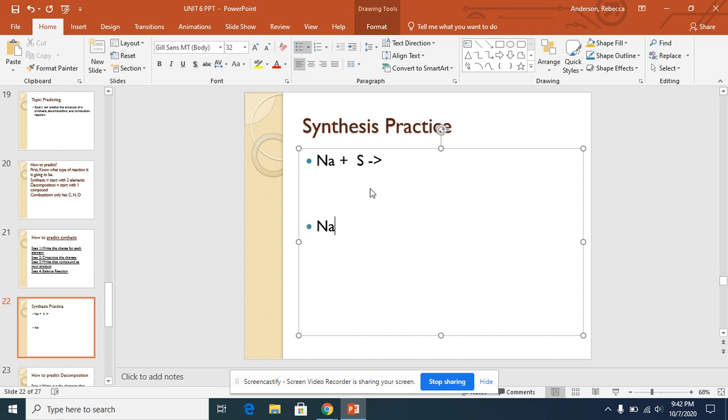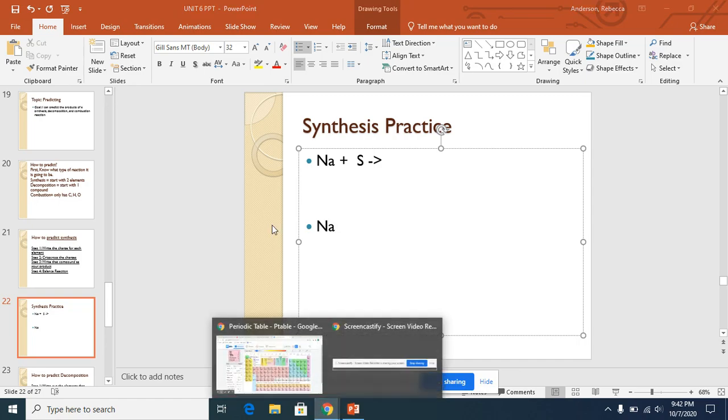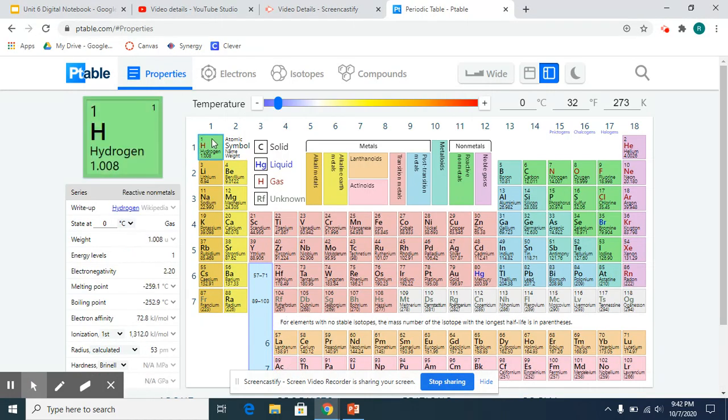So Na, if we look at our periodic table, just as a review, if it's in this first column, it's a +1. Second column is a +2. Skip the transition metals. +3. Carbon column is ±4. Nitrogen column is -3. Oxygen column is -2.